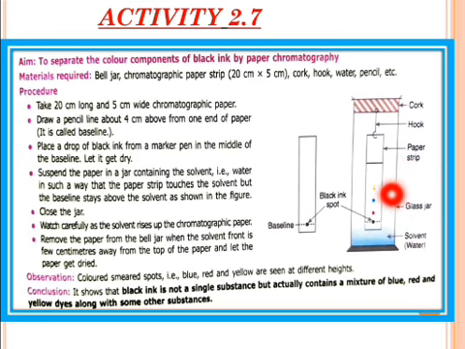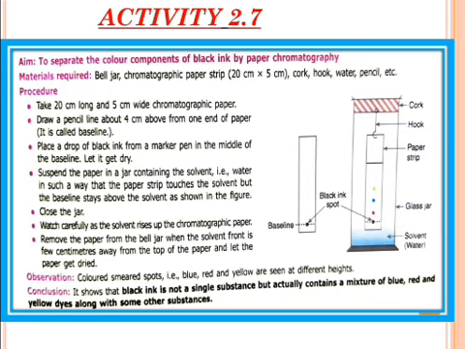For this activity, we take a filter paper 20 centimeter long and 5 centimeter wide as a chromatographic paper. Draw a pencil line 4 centimeter above one end of the paper. It is called baseline. Place a drop of black ink from a marker pen in the middle of this baseline and let it dry.